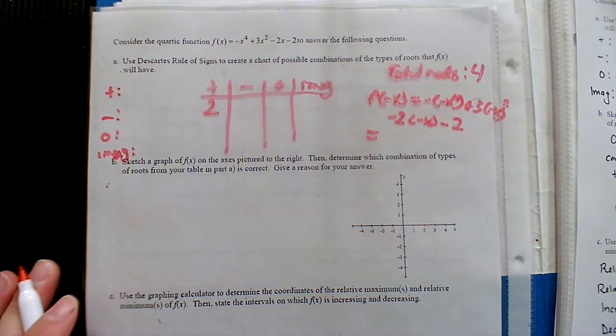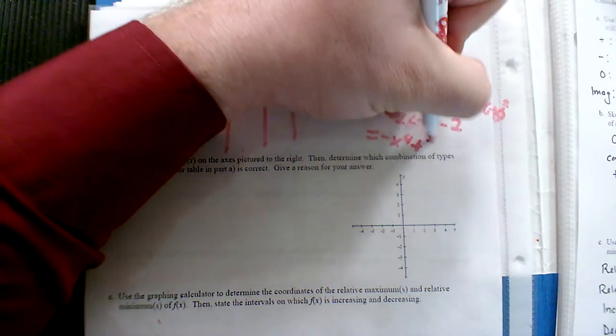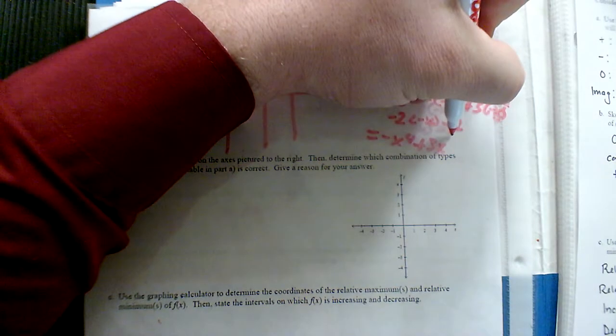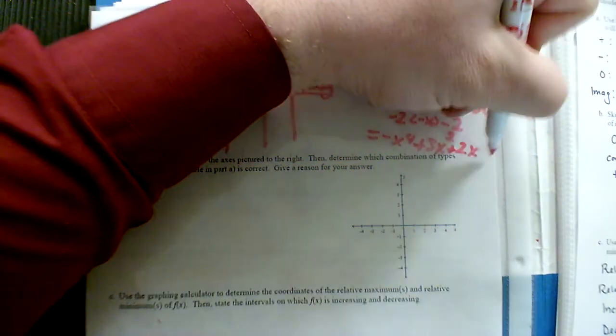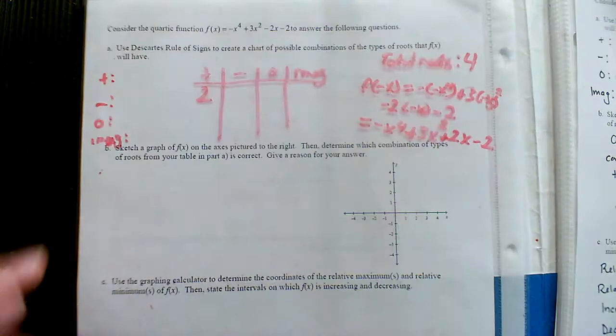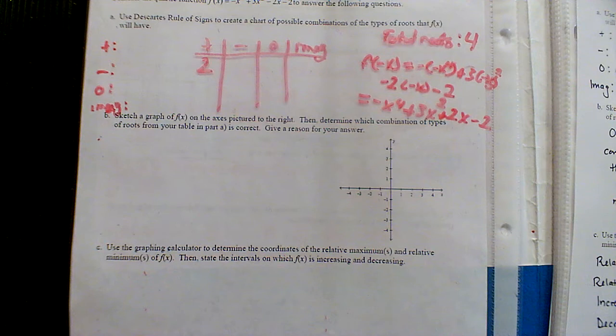So when you actually calculate the negative x in there, you're left with f of negative x is equal to negative x to the fourth plus 3x squared plus 2x minus 2.